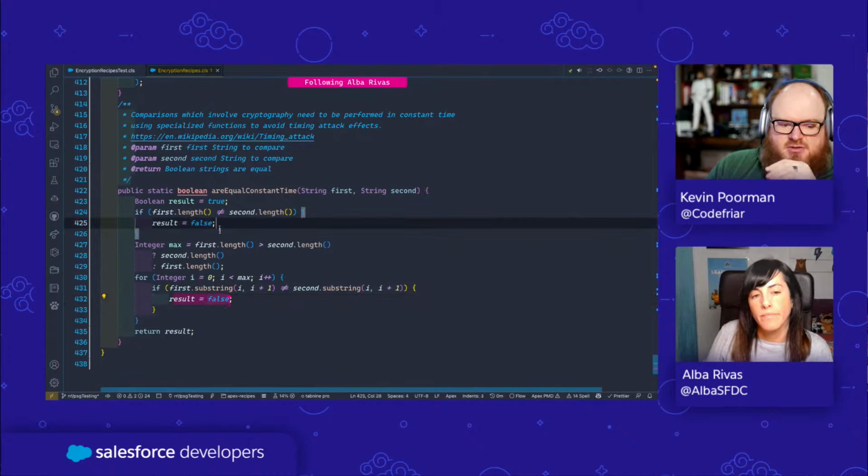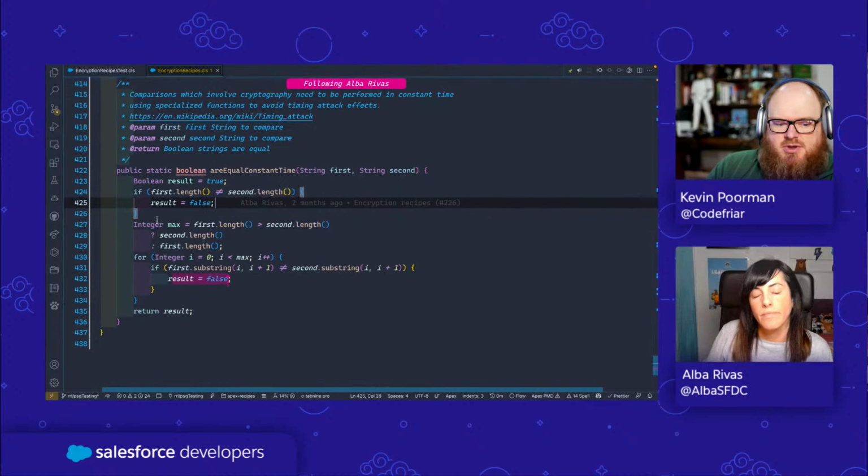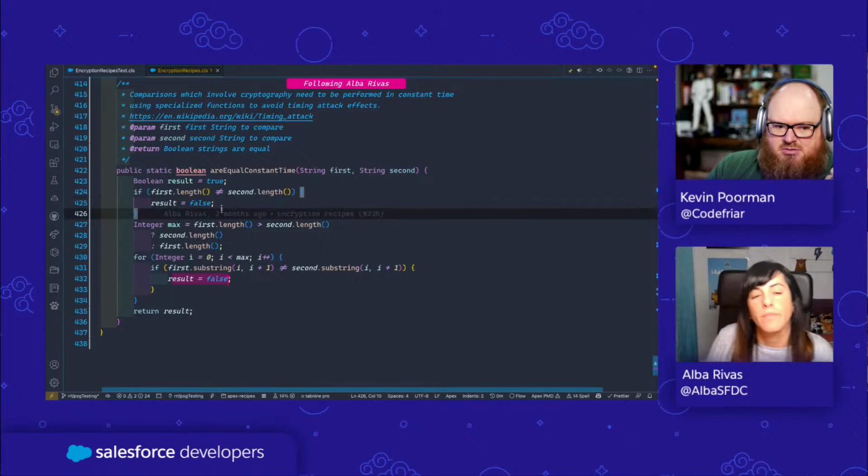So I'm going to read through this algorithm, make sure I'm following it. If the first length is not equal to the second length, we're going to bail because it's false. They're not the same. And then if the first length is greater than the second length, wait, hold on a second.